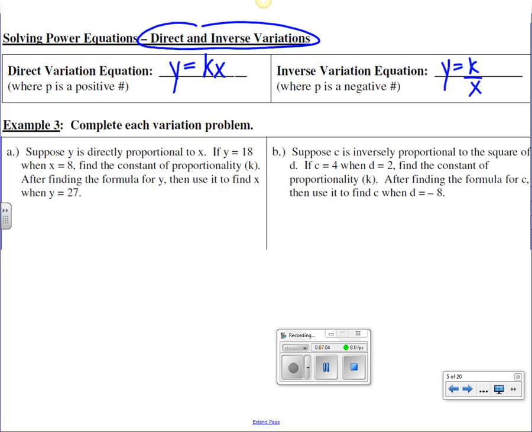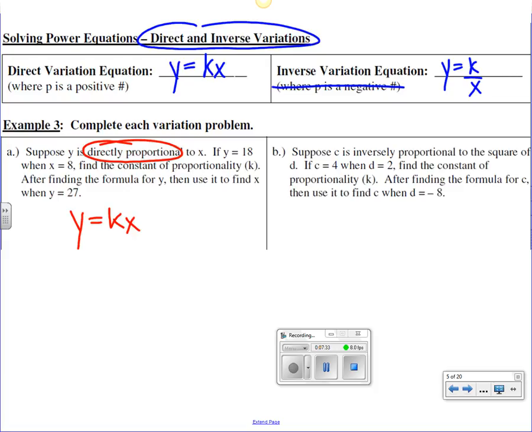Okay. And don't worry about that. All right, so let's read this. Suppose y is directly proportional to x. If y equals 18 when x equals 8, find the constant of proportionality k. After finding the formula for y, then use it to find x when y equals 27. Okay, so your keywords are directly proportional, which means you're going to use the formula y equals kx.